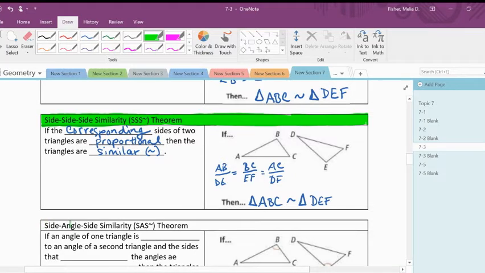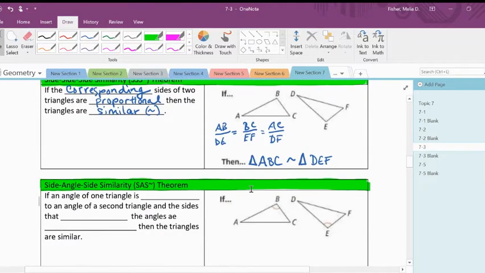And we have one more similarity theorem, the side-angle-side similarity theorem.